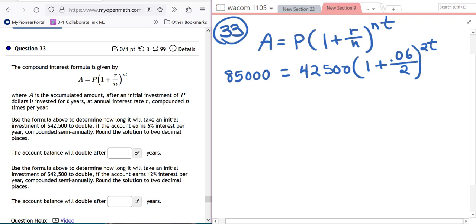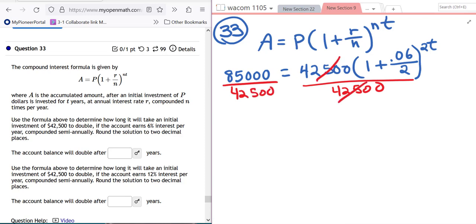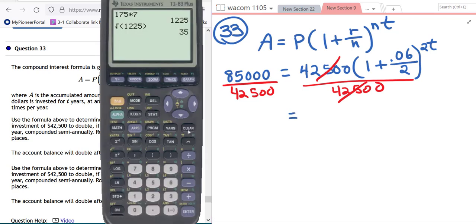We want to solve for T. Now, you have to have this piece that has the exponent all by itself before you can take a logarithm. So your first job is to get rid of this 42,500. It's multiplied, so you're going to divide. And you can push that in your handy dandy calculator.